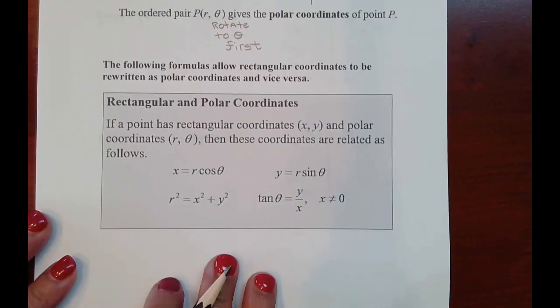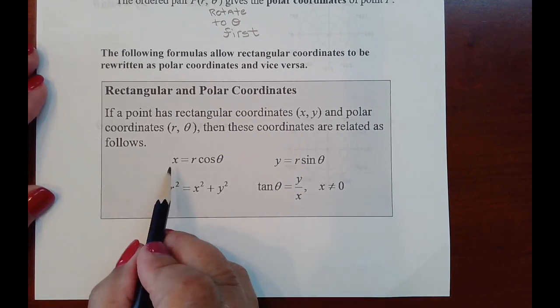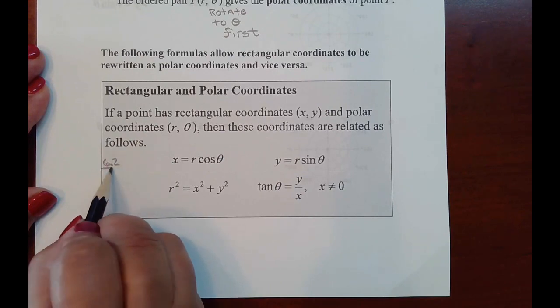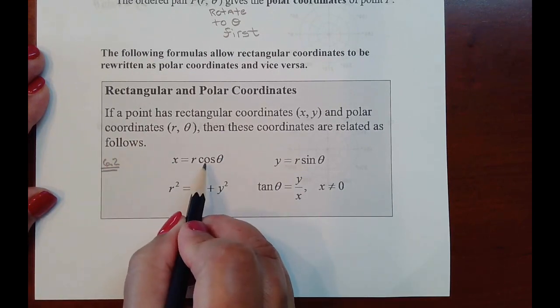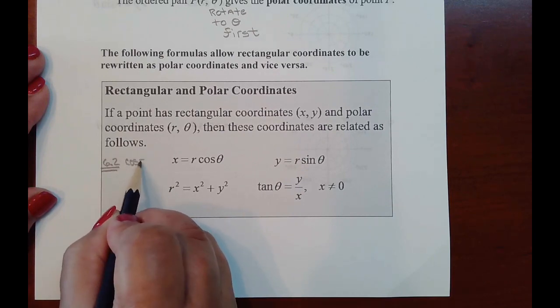We're going to bring back some formulas for you that were mentioned much earlier in the book. They were first introduced in section 6.2, and we've been using them ever since. For instance, in section 6.2, we learned and have been using that cosine of theta is x over r.